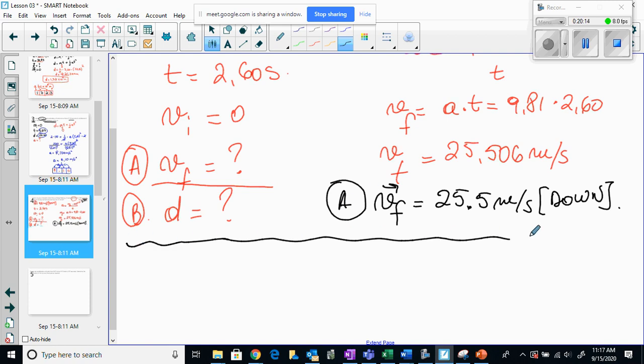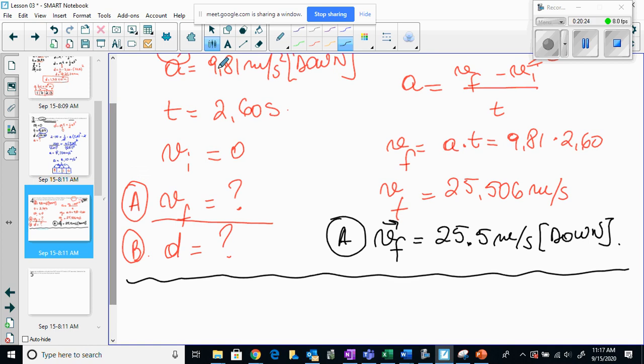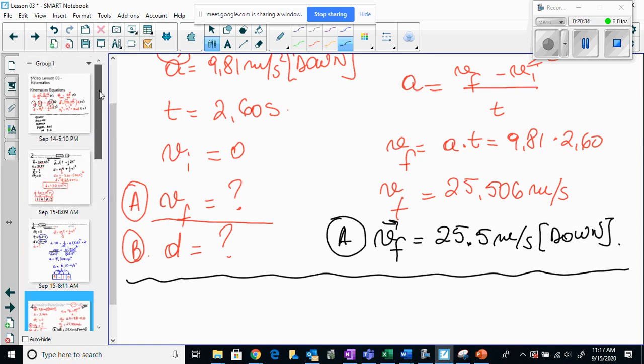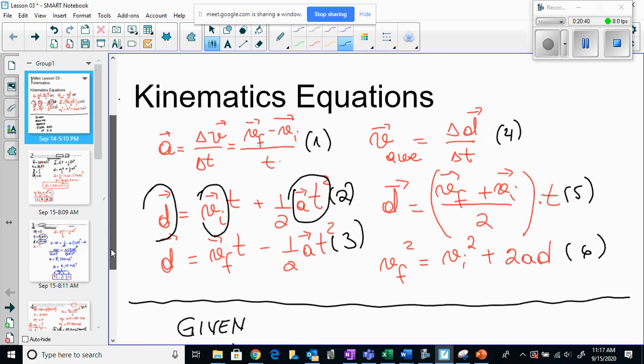Now let's figure out what B is. What is the displacement? Again, let's refer to what is given. We know acceleration, we know time, we know initial velocity. What formula will we use for the displacement? 1, 2, 3, 4, 5, or 6?